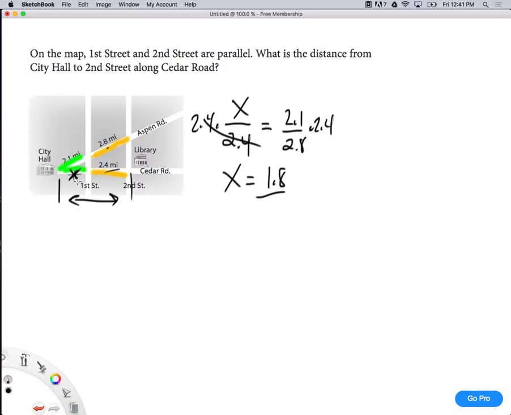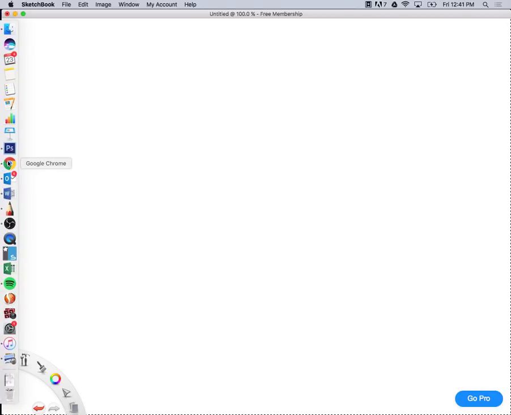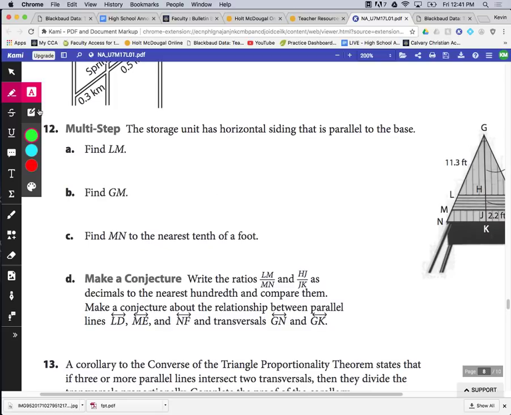No. The answer is 1.8 plus 2.4, which equals 4.2. That is my final answer. Okay, so that's a good example. I'm going to do one more example from the section. This one right here.